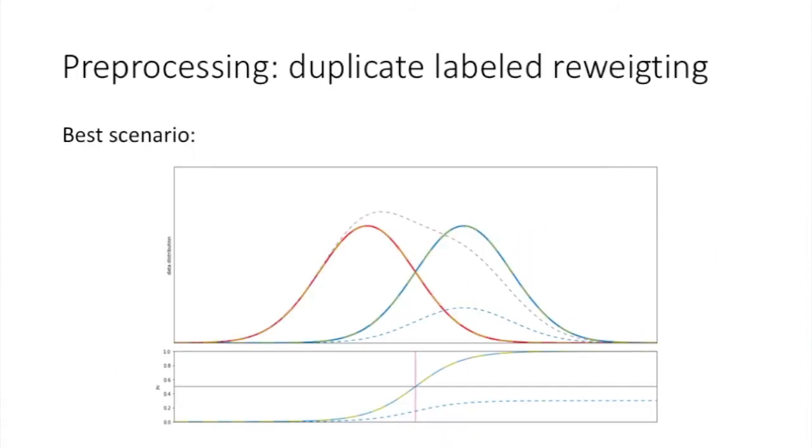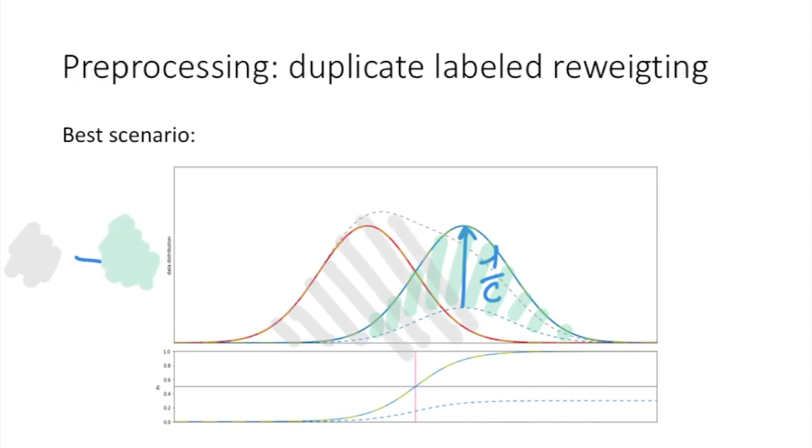So what we did was taking the labeled distribution and scale it up to the actual positive distribution by multiplying it with 1 over the label frequency. The next step was to take the difference between these two distributions, the scaled and the unscaled label distribution, and subtract it from the unlabeled distribution.